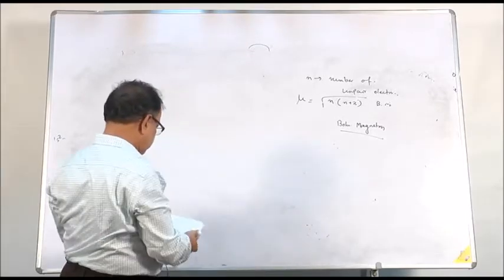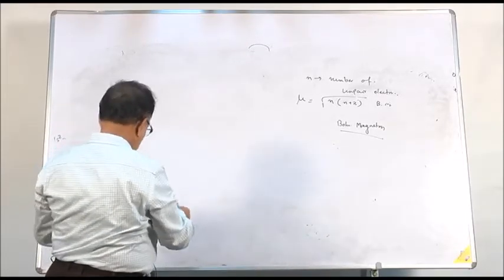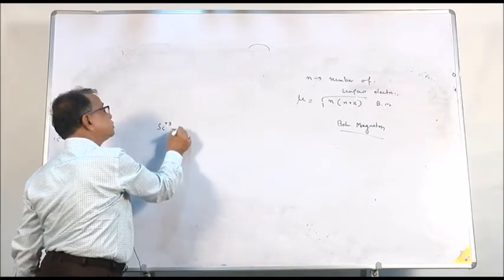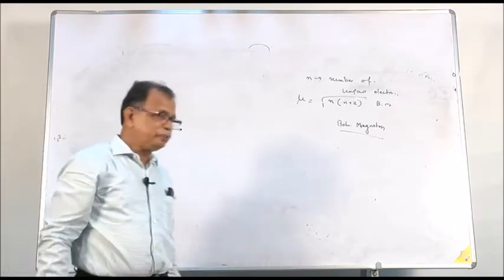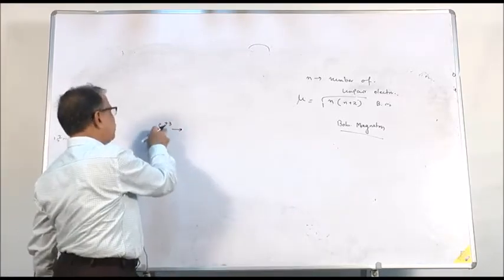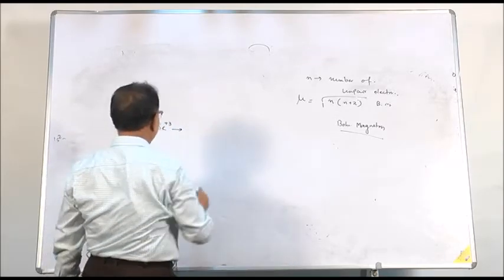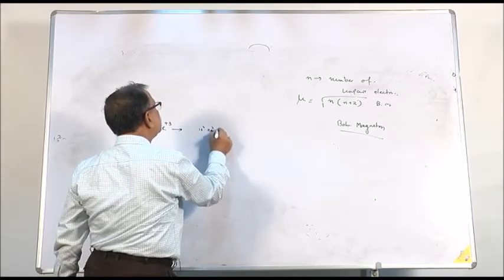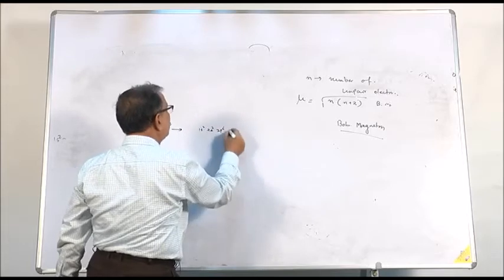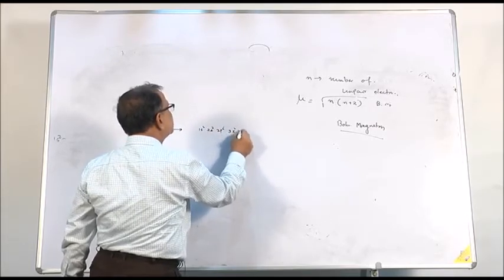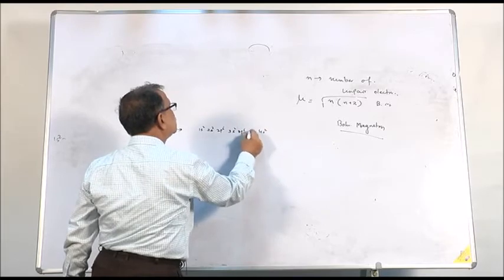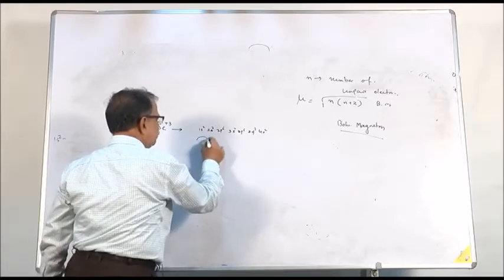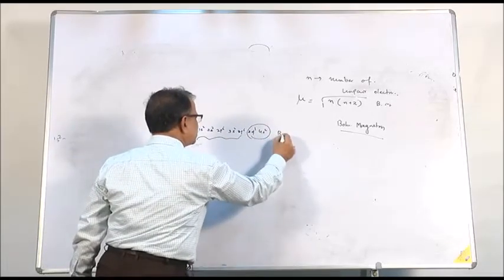Let us discuss scandium 3+. What is the magnetic moment of scandium 3+? The scandium configuration is 1s2, 2s2, 2p6, 3s2, 3p6, 4s2, 3d1. For plus 3, these electrons are removed, including the 4s.